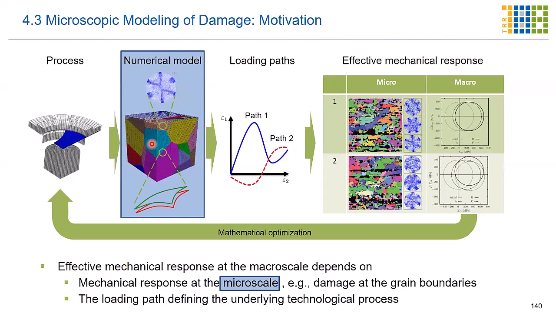So you're only performing single elements, not the entire geometry, if it would be too costly otherwise. All right, so this is the idea of a microscopic model.